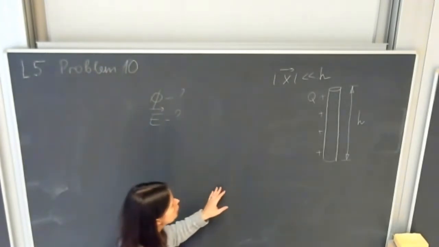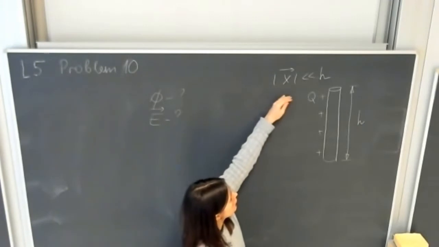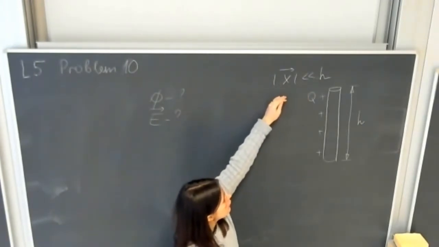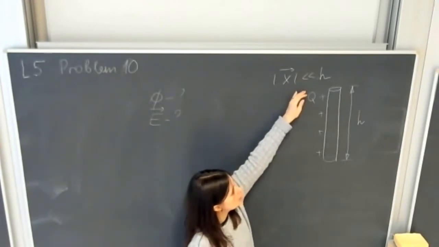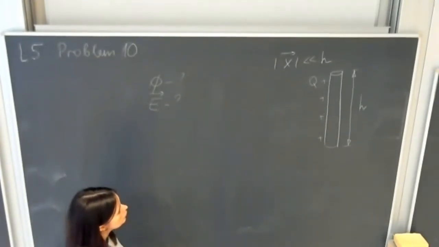And the problem is limited in that our field vector is much smaller than the length of the rod. It's very small.